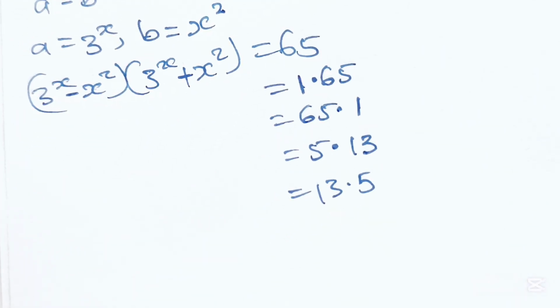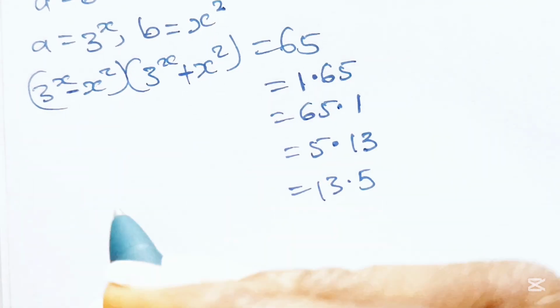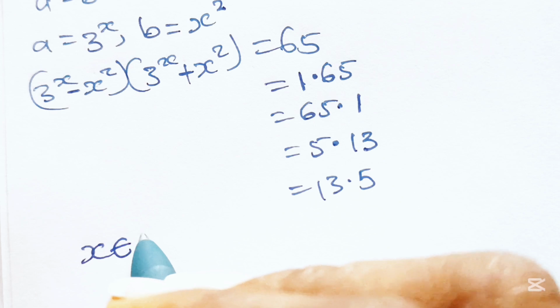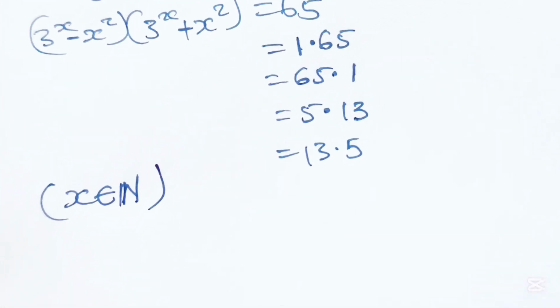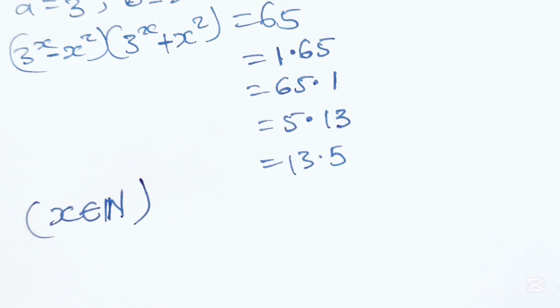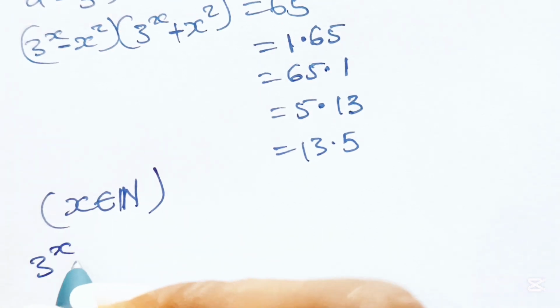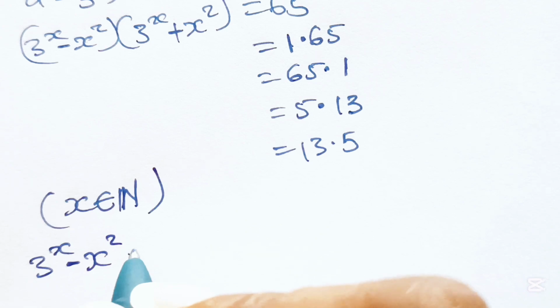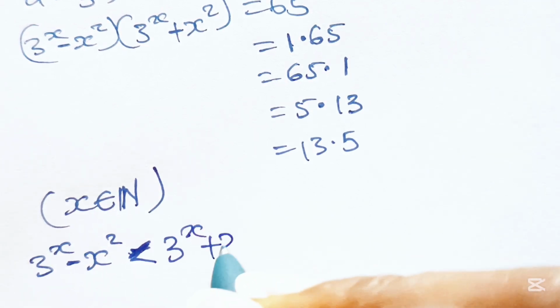But I want you to note that the domain of our x, I forgot to write that, is that x is what? Natural. Okay, it's a natural number. Now, since x is a natural number, one thing is certain. If x is a natural number, then 3 to the power of x minus x squared must be less than 3 to the power of x plus x squared.